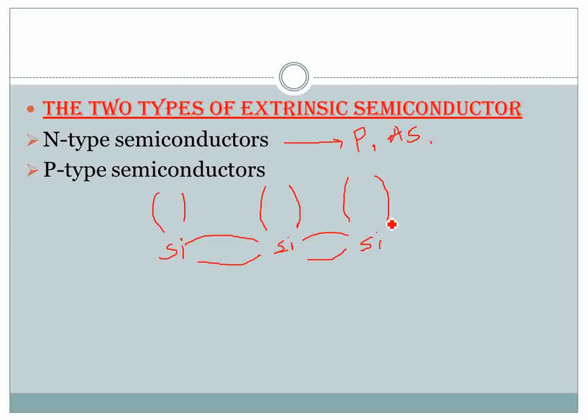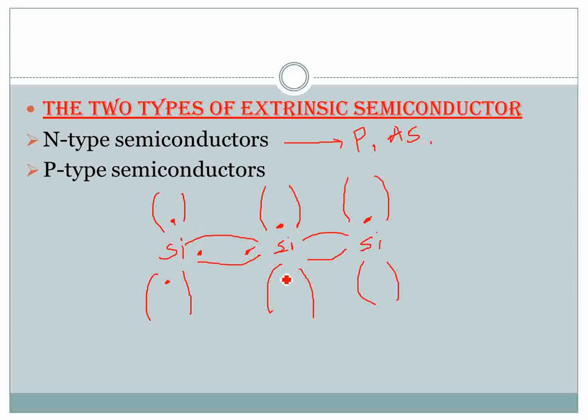When adding phosphorus to a silicon atom: silicon has 4 free electrons which form chemical bonds and neutralize the atom.